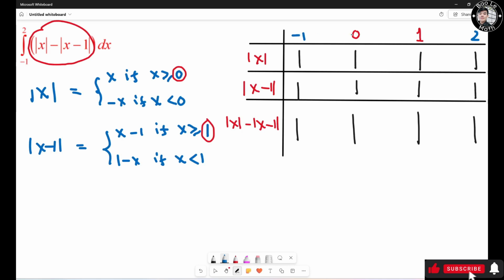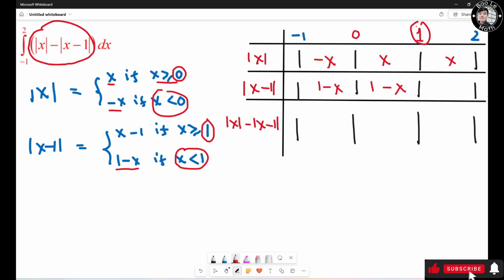From -1 to 0, s is less than 0, so the absolute value of s is negative s. If s is greater than or equal to 0, it's just s. For the second expression, if s is less than 1, it's 1 minus s.